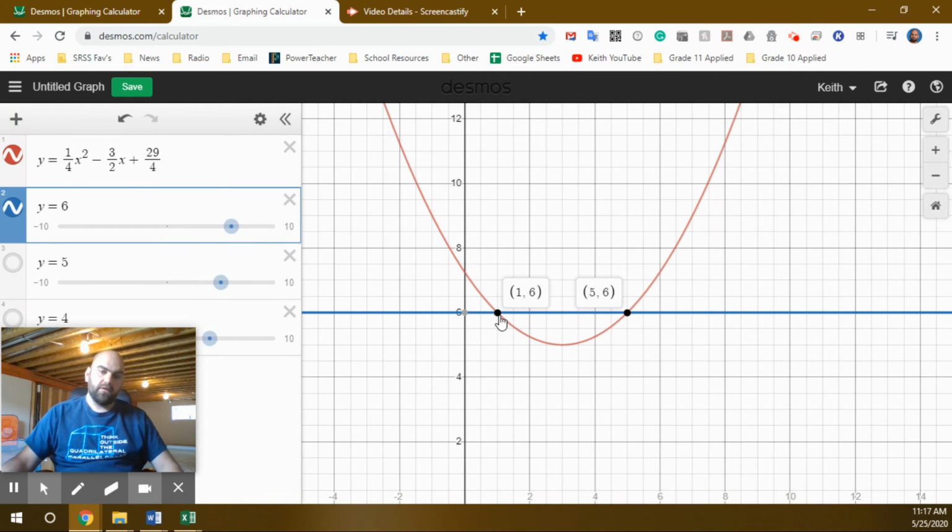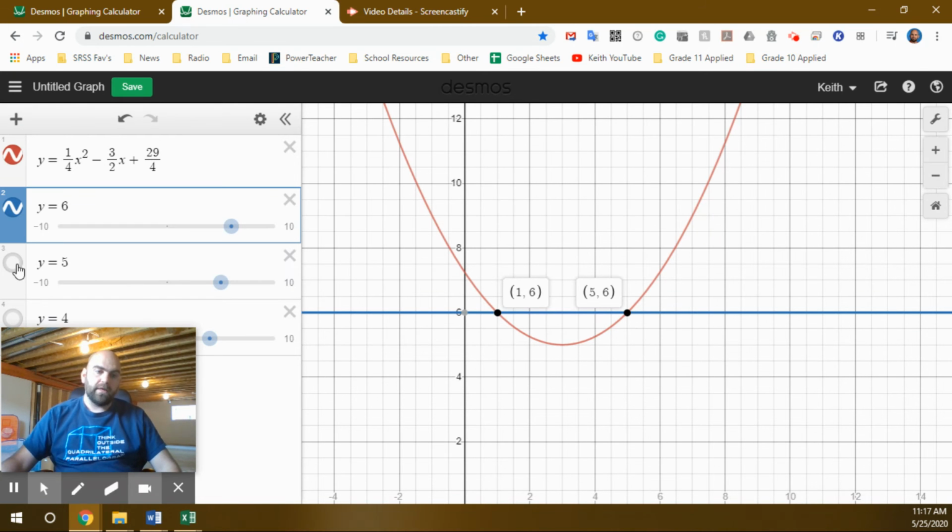One of them is here where x is 1, and the other one is here where x is 5. So there are two values of x which make y equal to 6, and that's because of the parabola shape we have. So right here at 1 and right here at 5, we have two values of x.